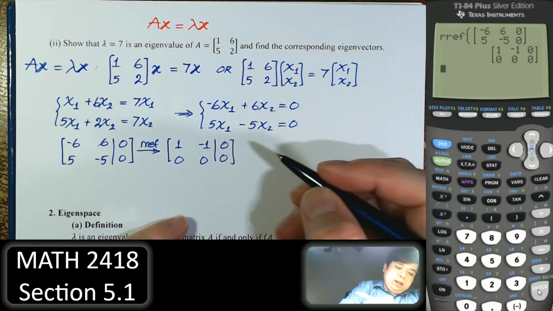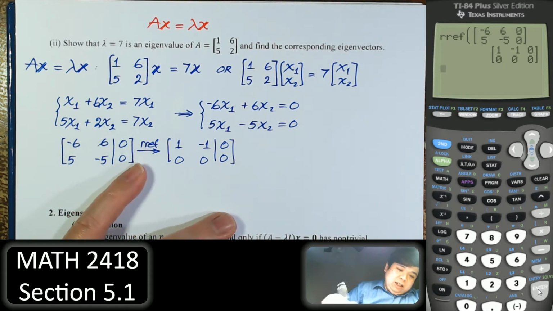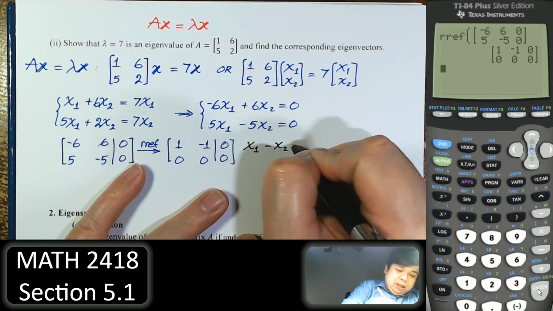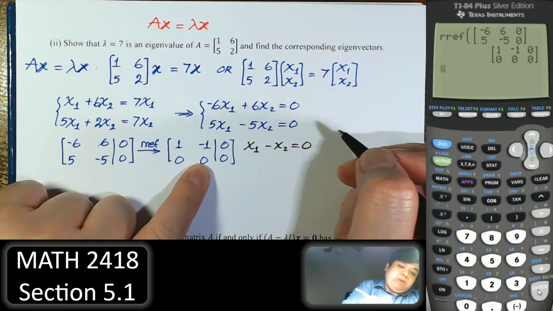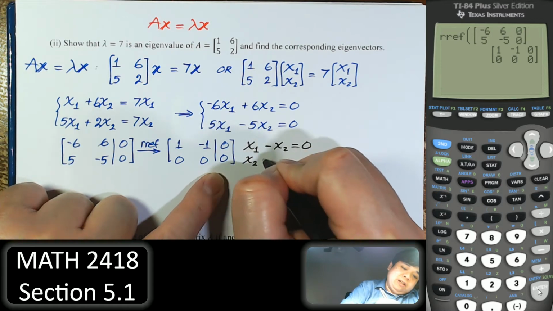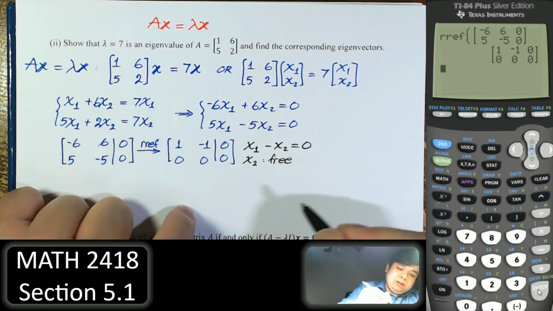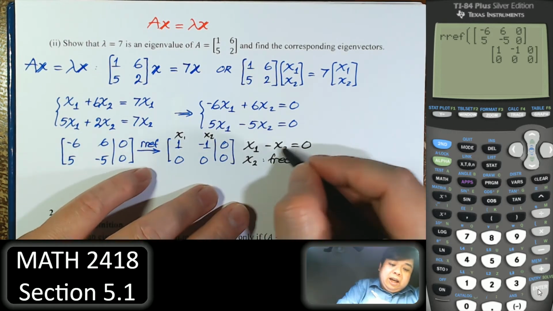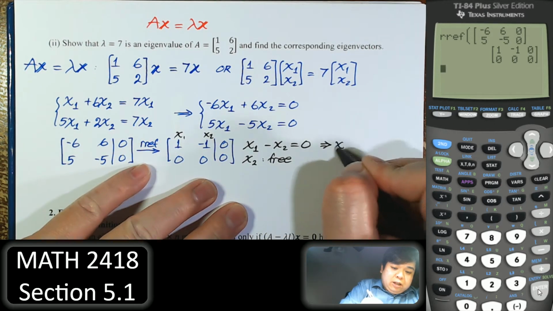Right. And now we can rewrite. We have x1 minus x2 equal to 0, and x2 is free. Of course, from here we can say that x1 is equal to x2.